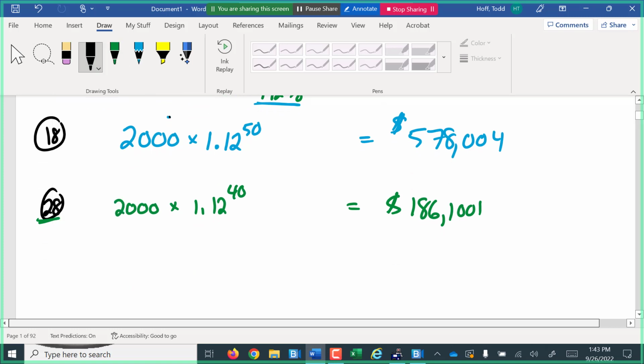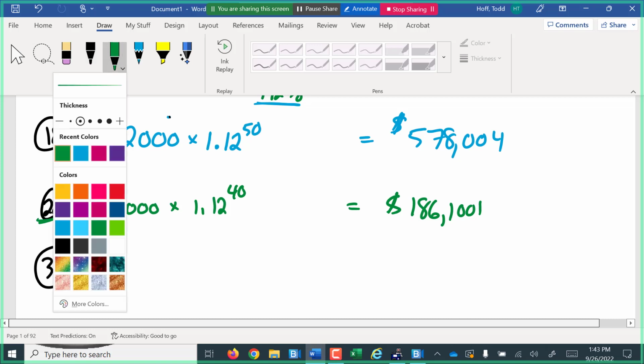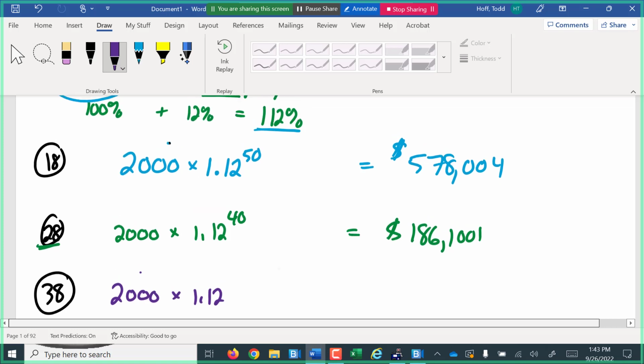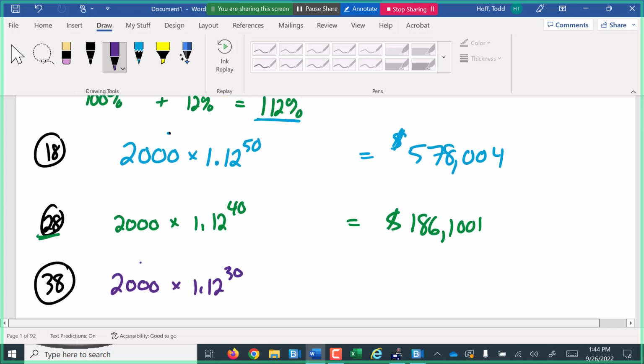Well, let's say that even at 28, you say, I'm still young. I don't want to worry about retirement. You wait till you're 38, and at 38, you decide, okay, now it's time to think about it. And you put away that same $2,000 at 38 years of age. Now how many years is the money going to be sitting there? 30. So you're thinking about 80,000?